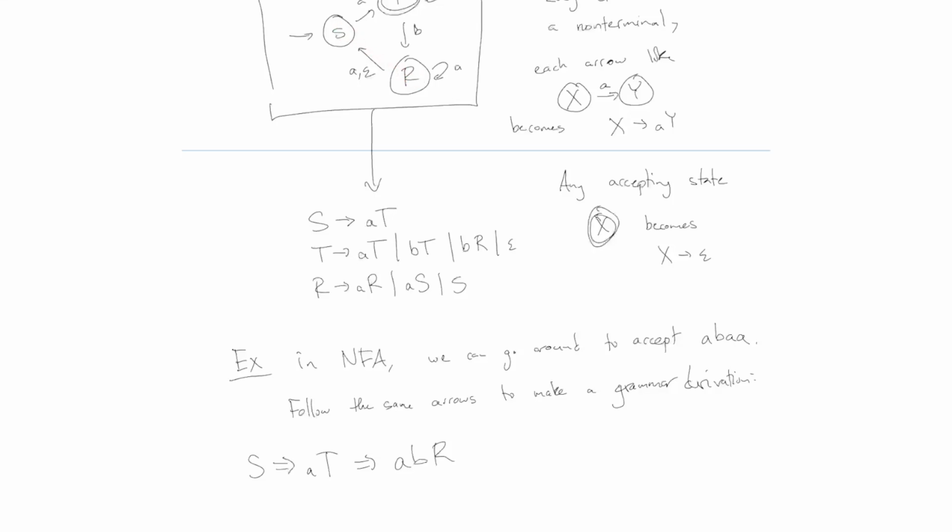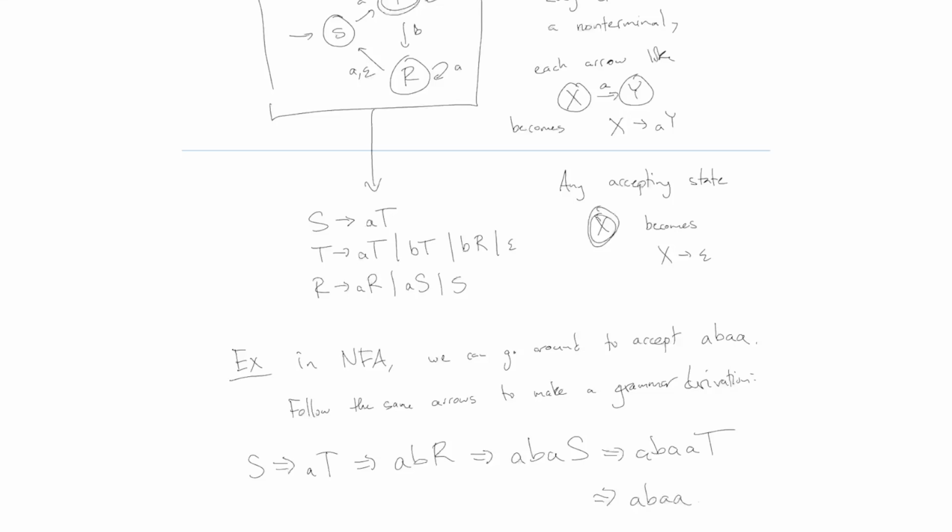I follow this arrow with the A. So R becomes AS, it's now ABAS. And then finally, S goes to T again. This arrow again is the A, giving ABAAT. Now I'm pretty much done on the diagram. Just to finish it off, T goes to epsilon, and I'll be done with the derivation.